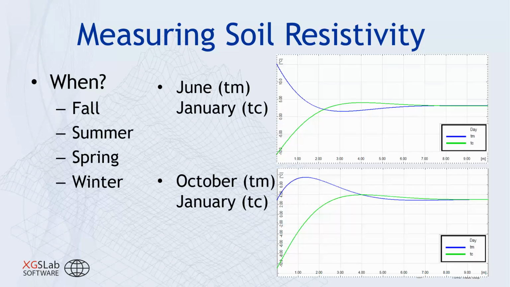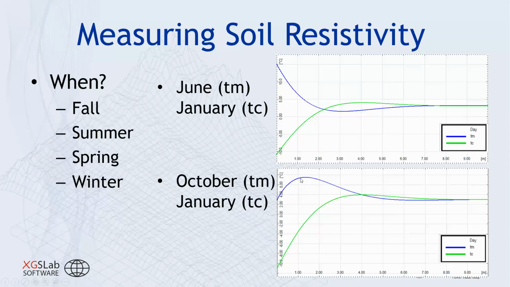Now in October, we have a little bit different temperature curve. I'm showing the same temperature curve for January, but in our October measurements, we're going to see a little bit colder temperature at the Earth's surface.